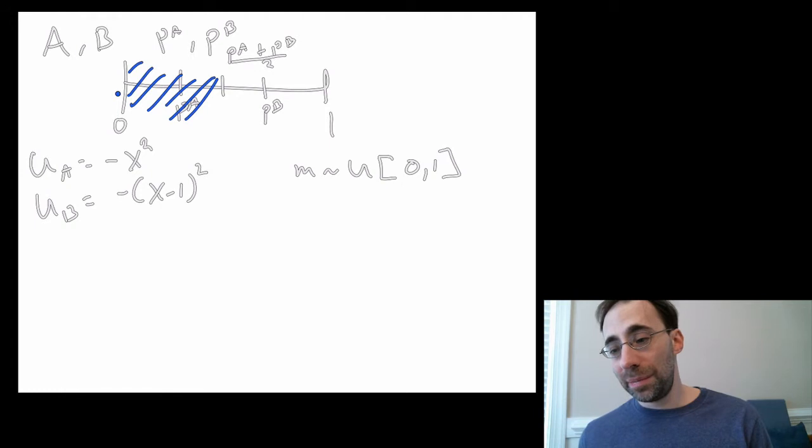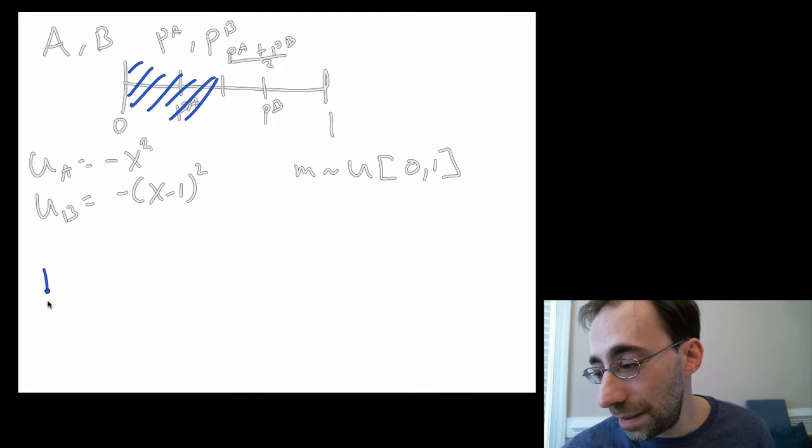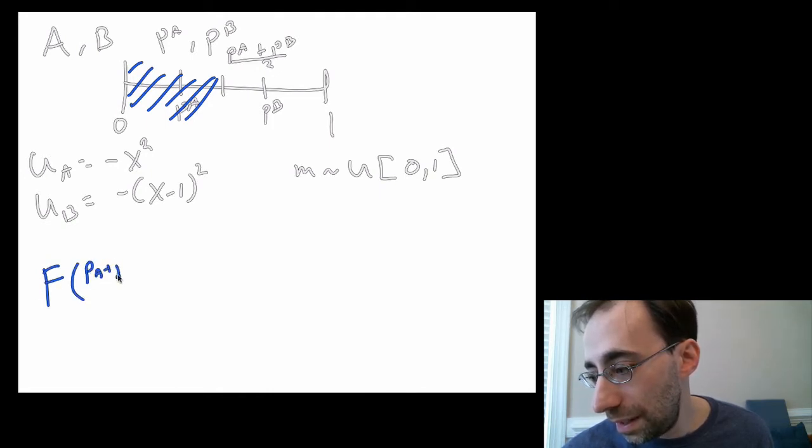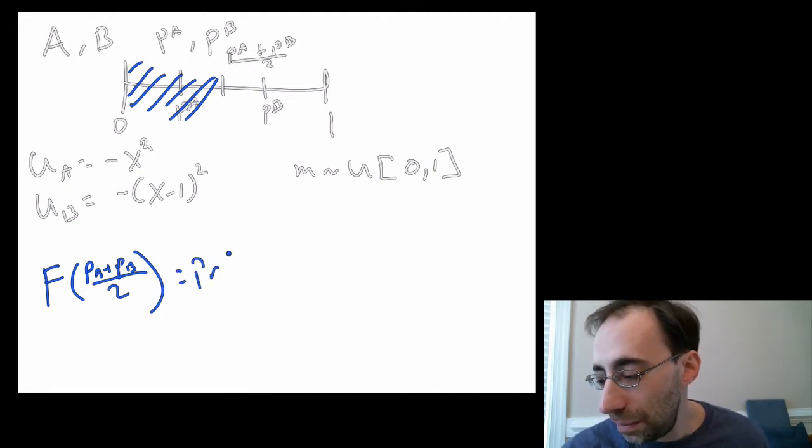And if it's to the right of the midpoint, B wins. Well, how do we know what the chances are of locating between 0 and that midpoint? That's the CDF, because that chance is the same as the chance of locating less than the midpoint. That's when you win, and this is the probability that A wins.